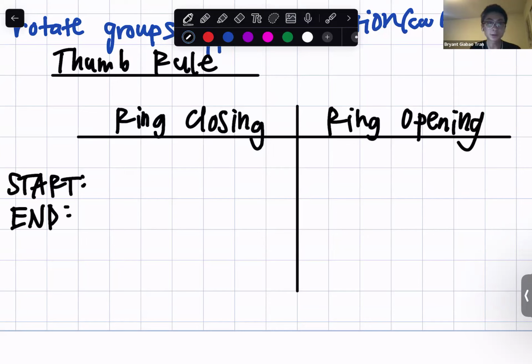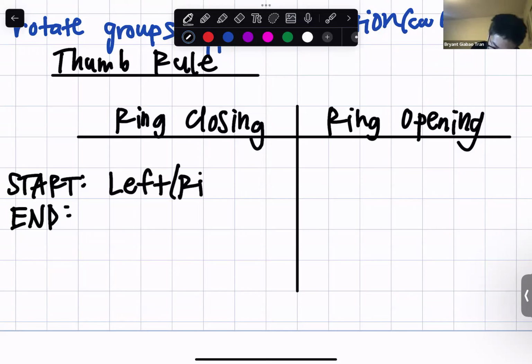If we're trying to close the ring, our thumbs are going to start either left or right, like this, and then they're going to end up or down to tell if it's going to be wedge or dash. If we're ring opening, we're going to start up or down depending on if the groups are wedge or dash, and then we're going to end our thumbs right or left to show where the groups are going to be relative to each other. And I'll go over an example of that, but if we are ring closing, our thumbs are going to start either left or right and end up or down.